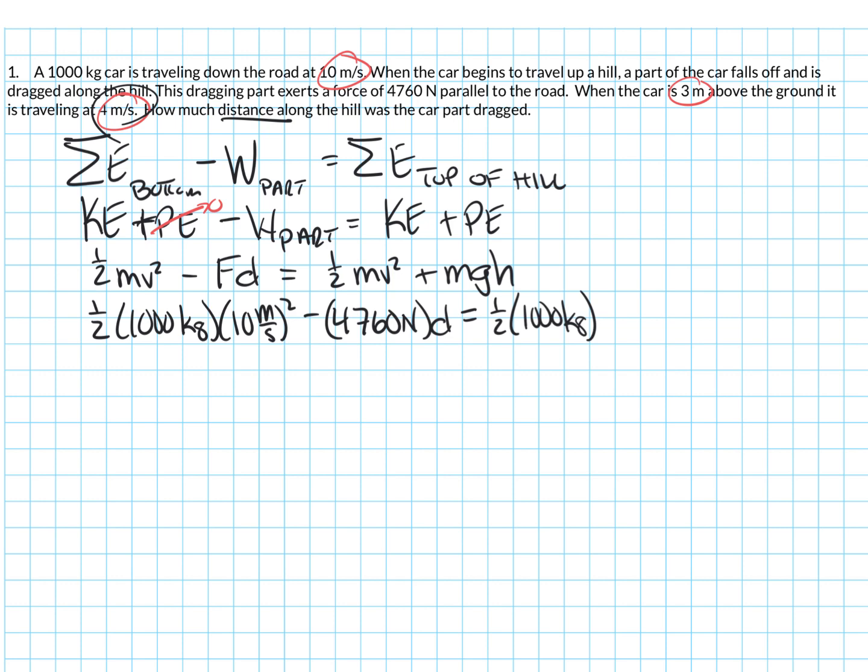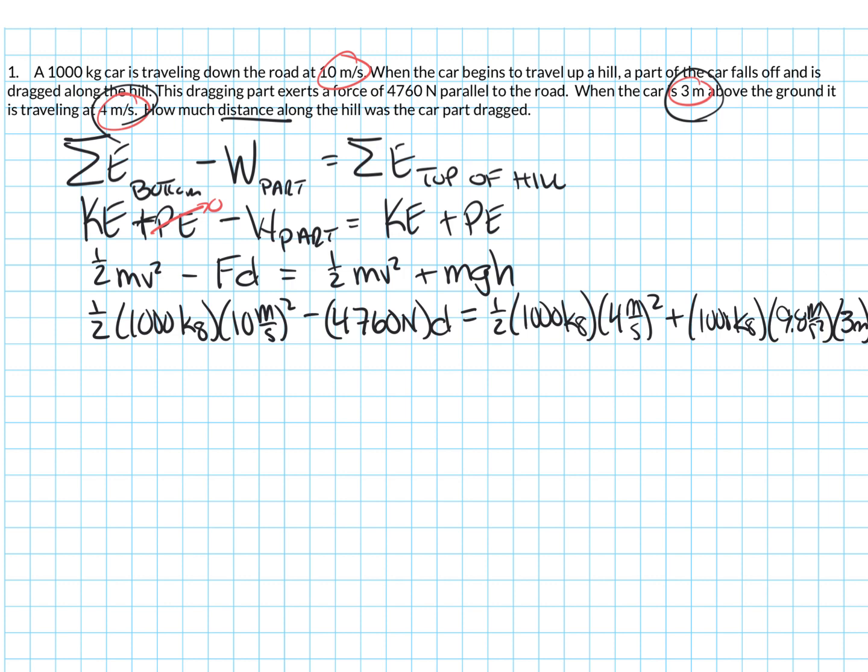Let's see, that was the 4 meters per second. So 4 meters per second squared, plus 1,000 kilograms, put the units there, times 9.8 meters per second squared, and the height of 3 meters.